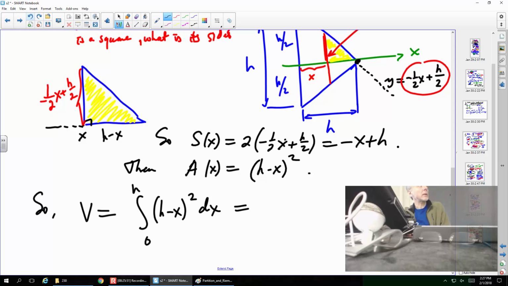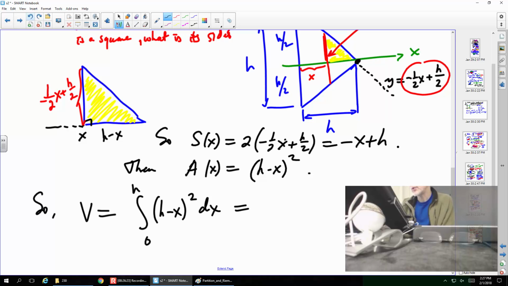You could expand, but let's just say as an exercise, without expanding, how do we integrate this? Thoughts?